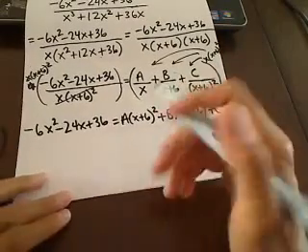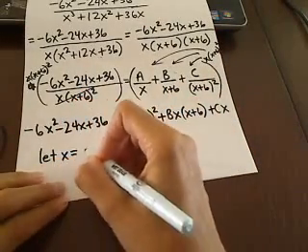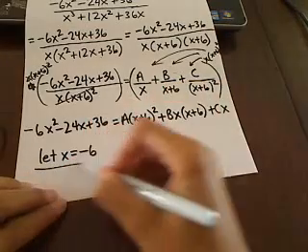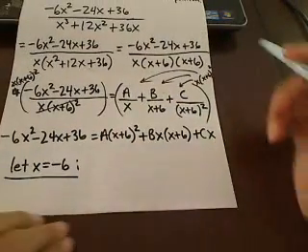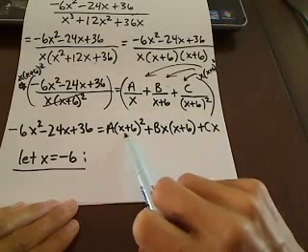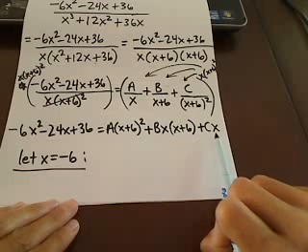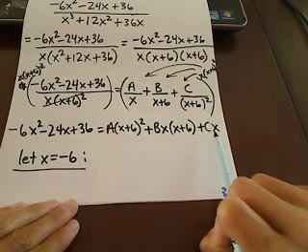So I'm going to go ahead and use let x equals, and I'm going to let x equal -6 to start with. Now, the reason that I'm choosing to let x equal -6 is because if I do that, it's going to zero this out and it's going to zero this out, which is going to allow me to solve for C directly. Okay, so that's nice. That's what I want to do to start.